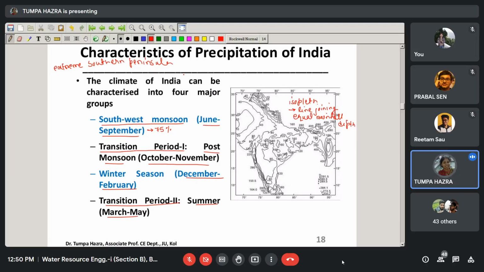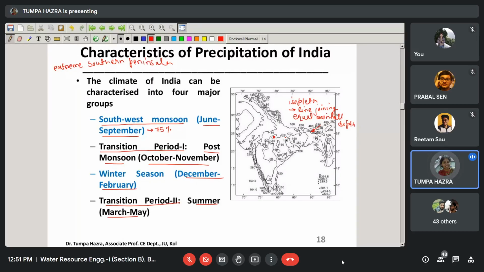The Bay of Bengal branch enters through Assam, and it first covers the northeastern region of the country and turns westward to advance into Bihar and UP in the month of June.